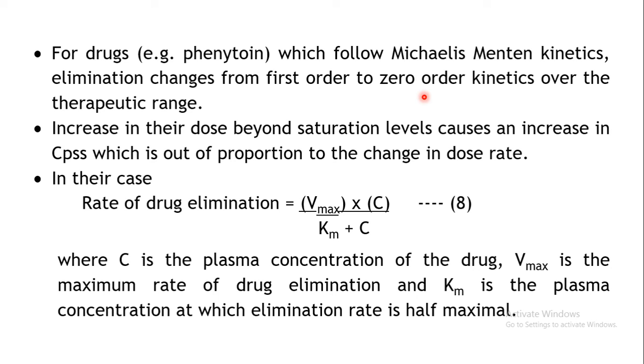So you should be very careful while repeating the dosage, which should be adjusted, because the rate of elimination over here is depicted by this formula, Vmax multiplied by C divided by Km plus C. C is the plasma concentration, Vmax is the maximum rate of drug elimination, and Km is the plasma concentration at which the elimination rate is half of the maximal value.